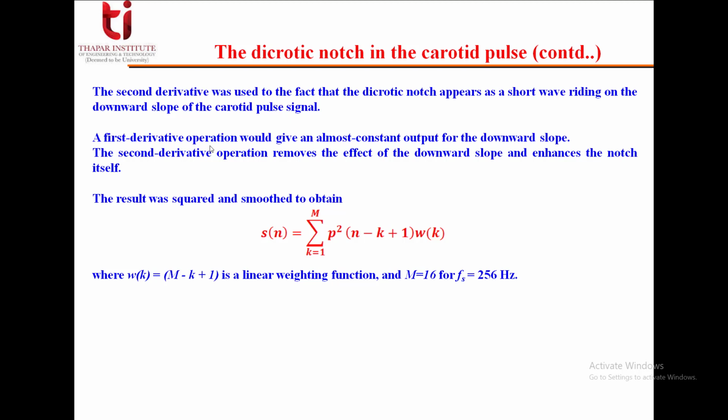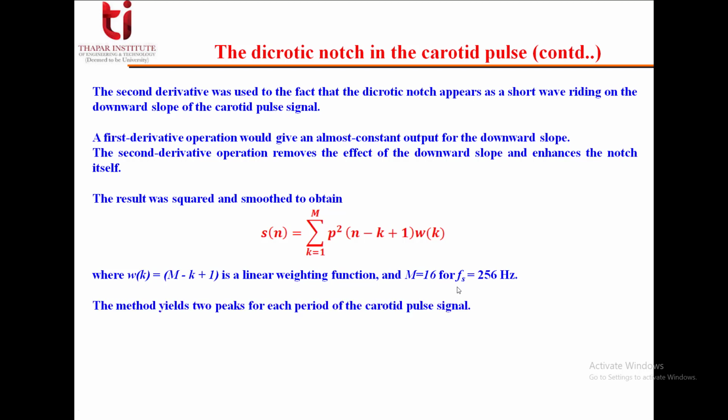The result was squared and smoothed again to obtain, as you can see in the equation, s[n] = summation k from 1 to M of p²[n-k+1] w[k], where w[k] is a linear weighting function given as M-k+1, and we are assuming M equal to 16 and the sampling frequency fs is 256 Hz.